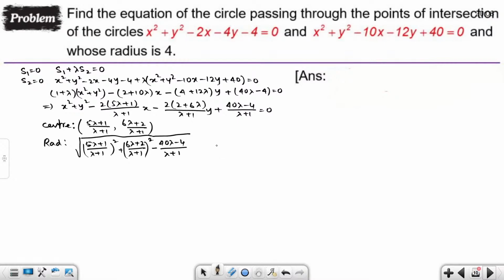Now, according to the problem, this is equals to 4. So simply by solving this equation, we are going to have the value of lambda. So let me just try to solve it. Let me square both sides. Square both sides.